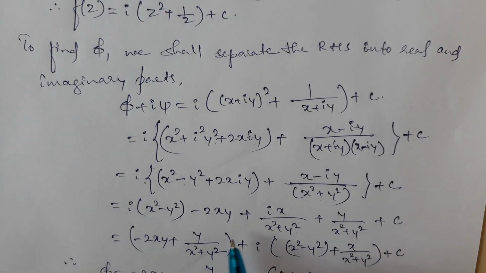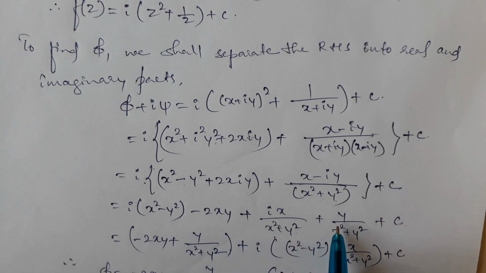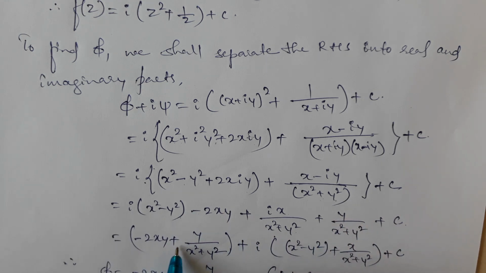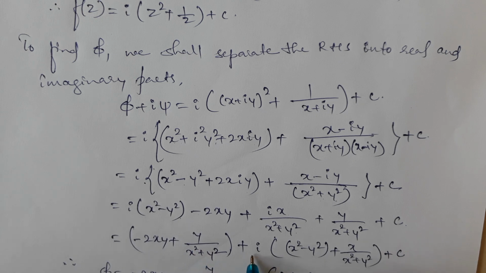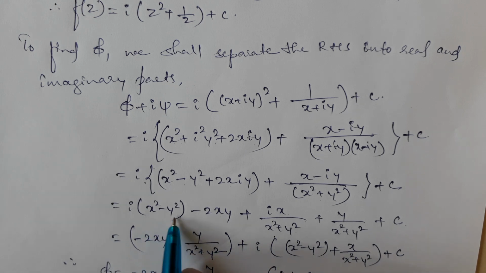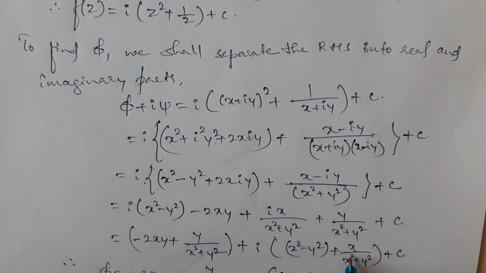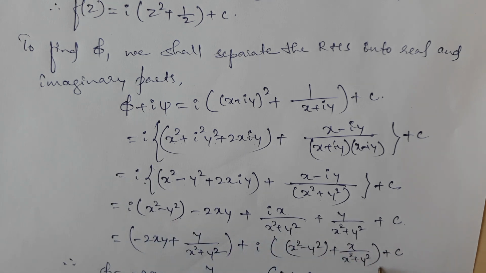Now we can separate real and imaginary parts. Here the real part is minus 2xy plus y by x square plus y square. Now take the imaginary part, that is the coefficient of i: x square minus y square plus x by x square plus y square.